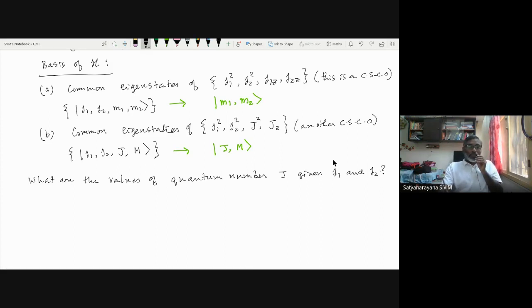Now because this is a vector, let's say J1 is a vector like this, and J2 is also a vector like this. Then what will be J1 plus J2? It is going to be the addition of J1 and J2.